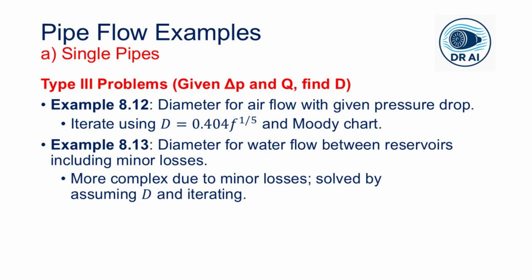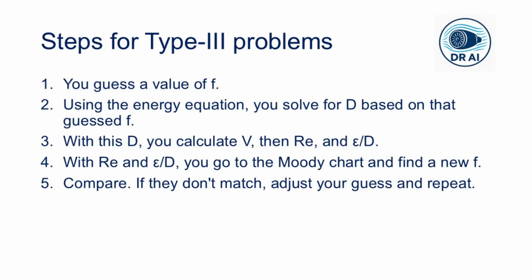So you have one equation, but F depends upon D in a complex way. So this also requires an iterative approach. The procedure is similar to the type 2 problems which we have already discussed, but now you are iterating on the diameter D, in 5 simple steps.